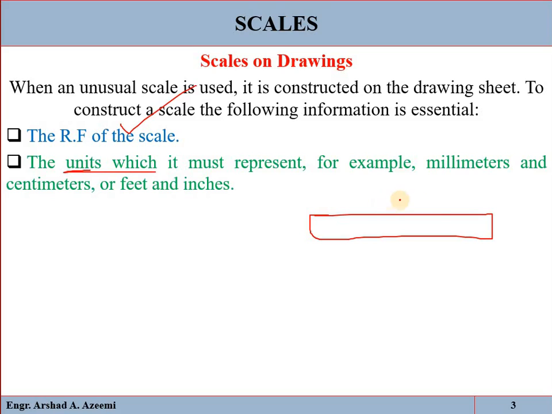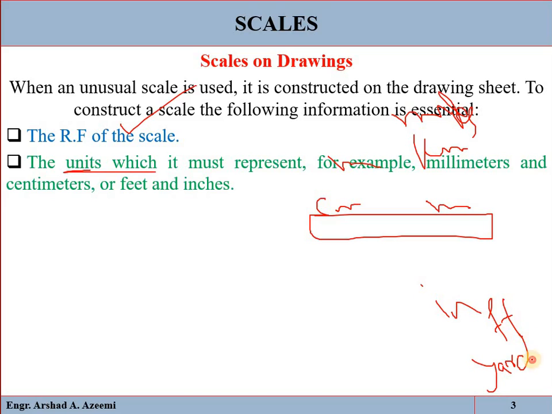It may be meter and centimeter, or kilometer and meter, or miles. In the FPS system you will have inches, feet, or yards. So the unit must be given, and also the maximum length which it must show. For each and every drawing we will have some limited graphical scale through which we can take the dimension from the drawing.